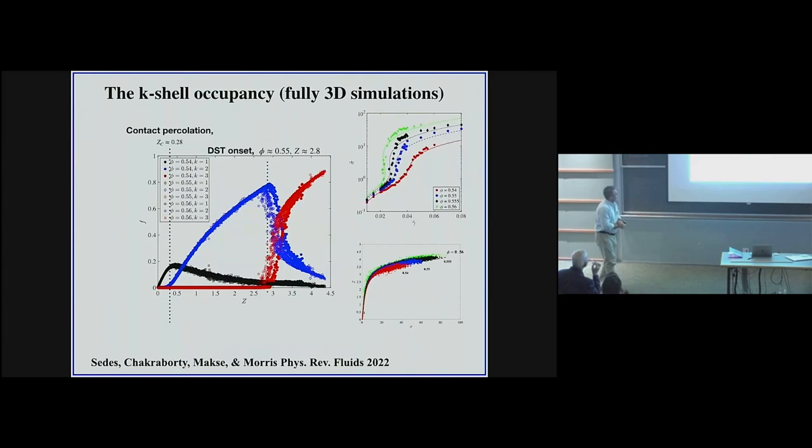What we find from our simulations is that the fraction of particles which are in a given core or shell is essentially a universal function of Z for these volume fractions, except in this region where there's the onset of the 3 core. Okay?